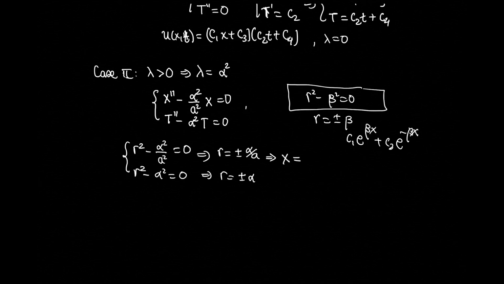So you can just write a solution for the one on top. I used C1, C2, C3, and C4, so now I'm going to start from C5: X equals C5 cosh of alpha x over a plus C6 sinh of alpha x over a. This solution, you could also write as x equal to C5 e^(alpha x over a) plus C6 e^(minus alpha x over a).